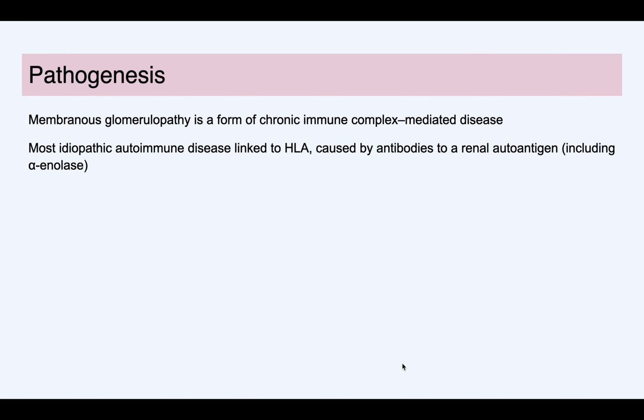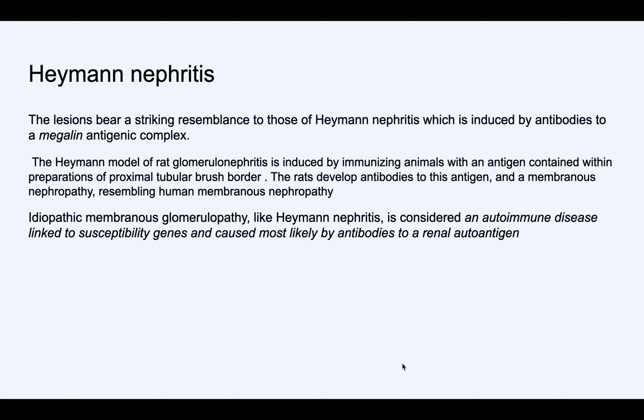As we discussed, it is a type of immune complex mediated disease. Most of the idiopathic autoimmune diseases are linked to HLA, and there is antibody against the renal autoantigen. When we study the pathogenesis of glomerulonephritis, there is something known as Heymann's nephritis. What is the Heymann model?